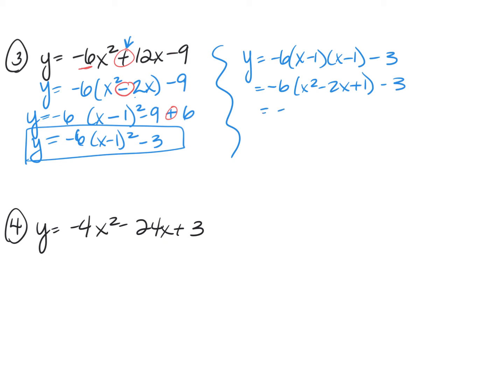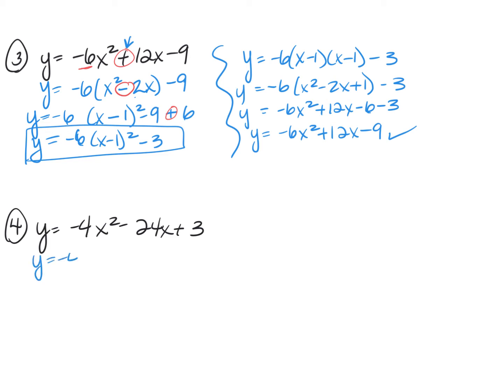Distribute the negative 6, plus 12x minus 6 minus 3. I get negative 6x squared plus 12x minus 9. And did I get back to original? I did, indeed. Let's look at number 4.